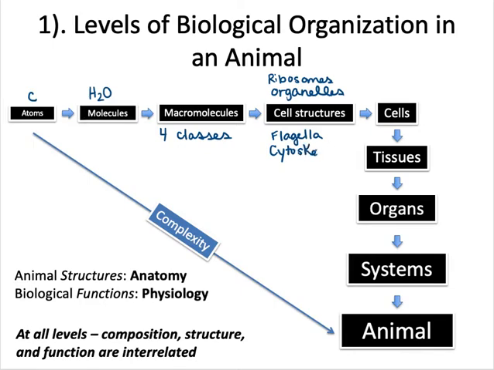We learned a lot about cell structures in Chapter 6. And then finally we have the cell. The cell is a membrane-bound unit of life. We learned about the difference between prokaryotic cells and eukaryotic cells, and the difference between cells and viruses.